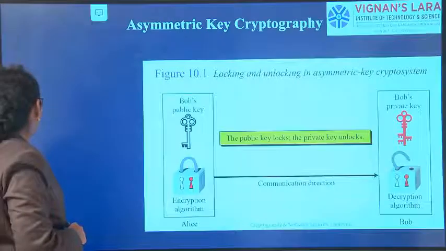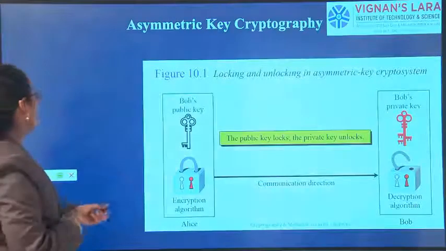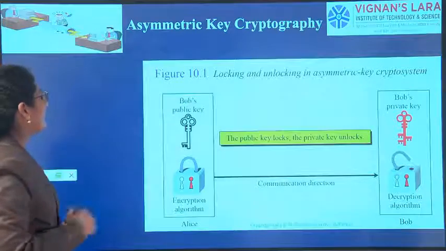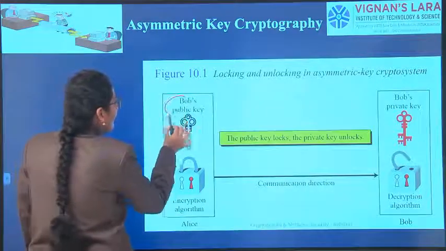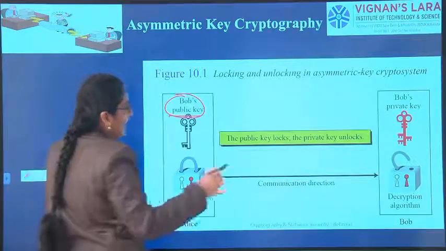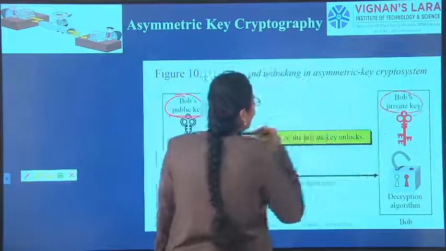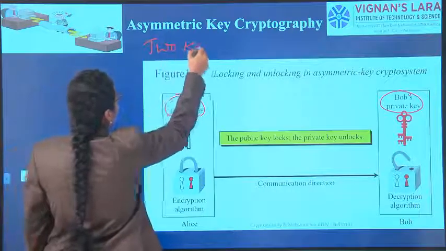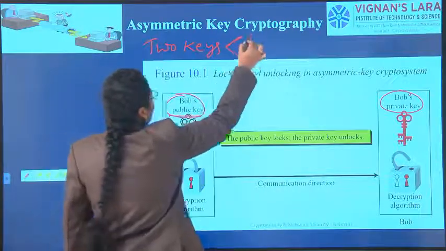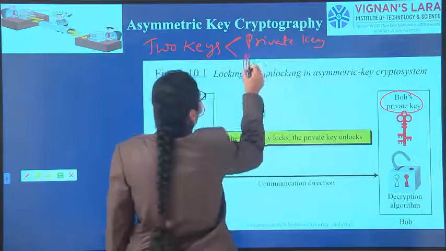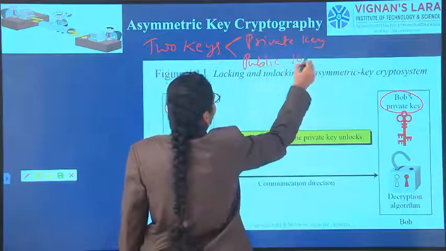So let us see what will happen in asymmetric key cryptography. See, Bob is the person. Bob will have a public key and also a private key. As I already told you, we have two keys, private key and public key.